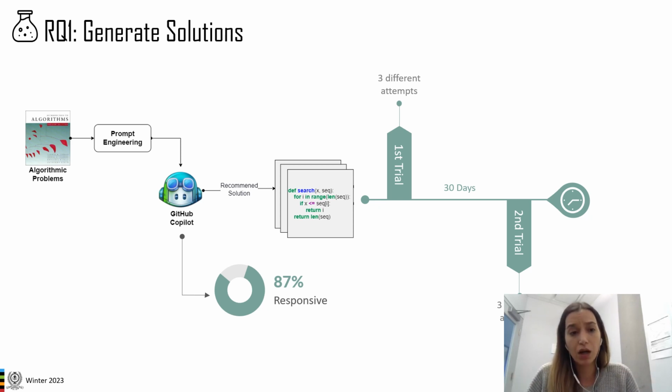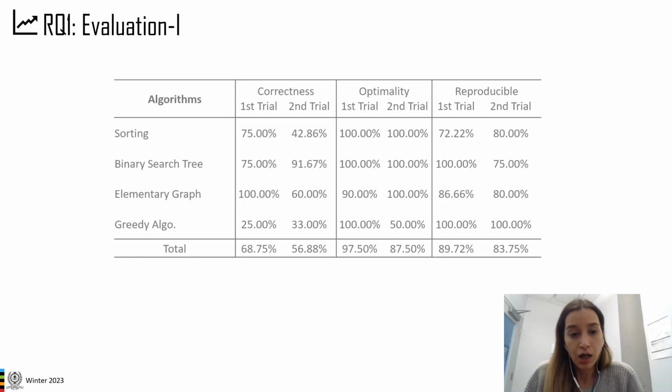Considering all the uncertainty of these large language models, we wanted to see how well it can reproduce those solutions. That was the reason we designed our study in 2 trials. In each trial, we tried each query, or each problem description, 3 times and collected the responses to conduct our evaluation.